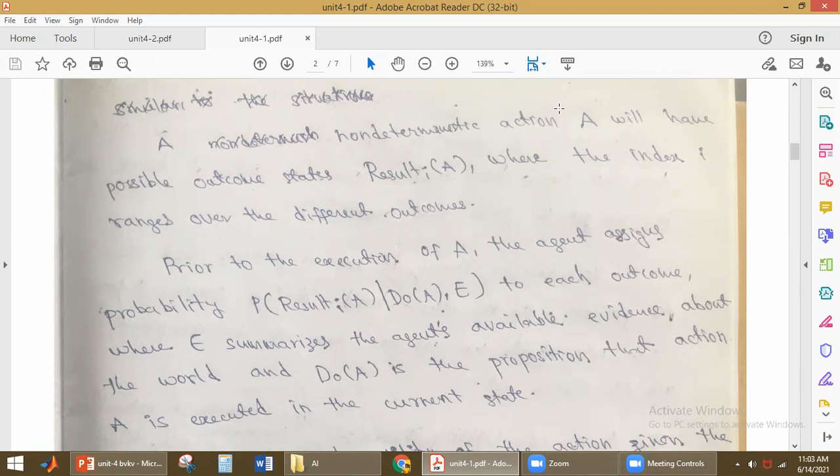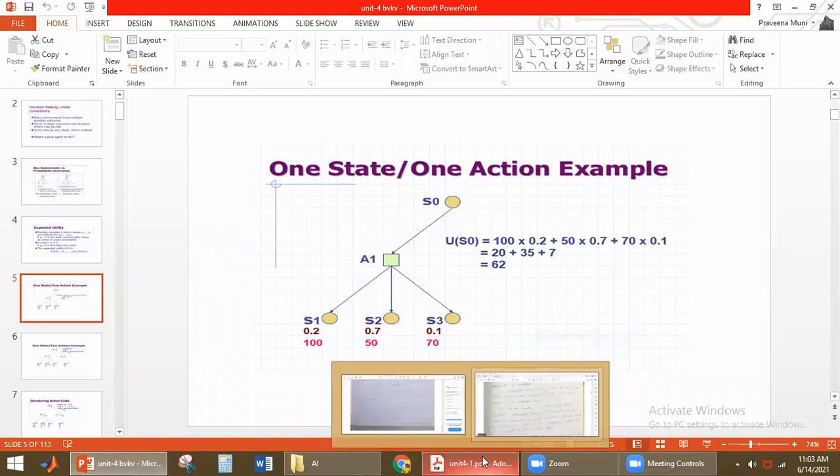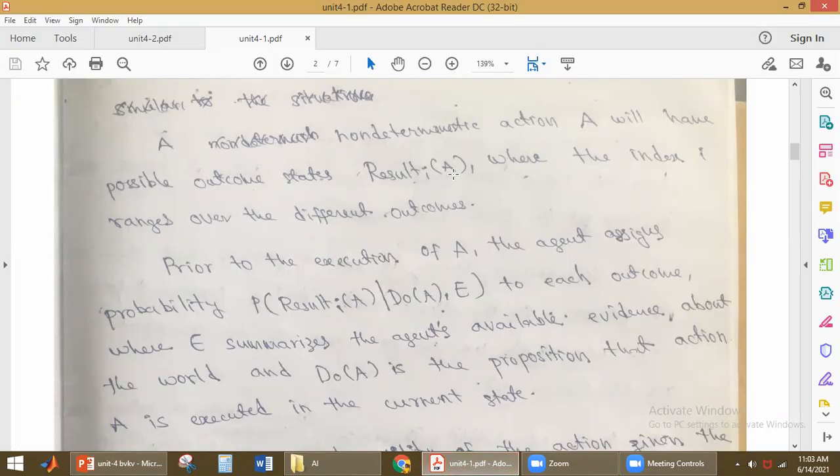So that action is called a non-deterministic action A. If non-deterministic action A is performed, the different possible outcomes are denoted as result I of A. So result 1, result 2, like that, these are the possible outcomes.